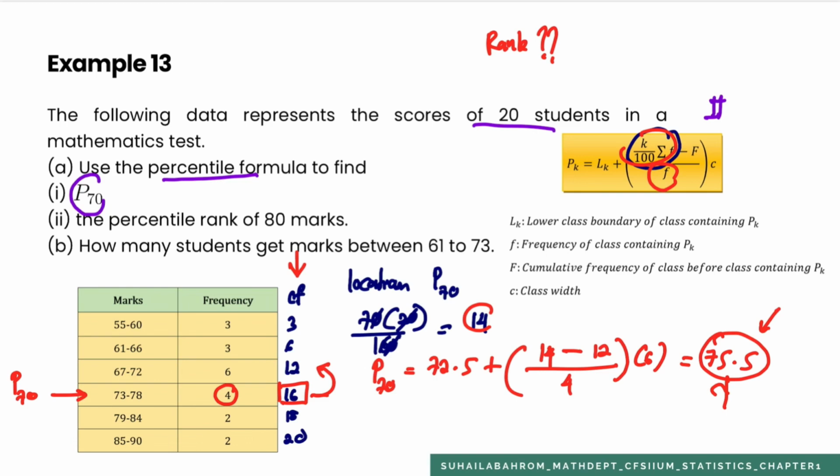For this one, it refers to the marks. Since marks are continuous, unless the question asks you to round off, you have to keep the value as it is, which is 75.5. So that is part 1, finding the value of percentile 70.